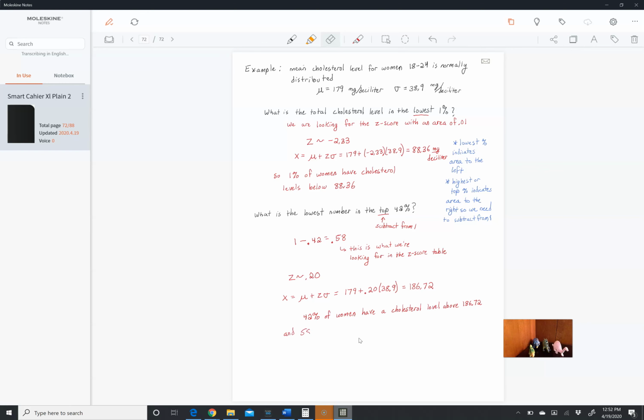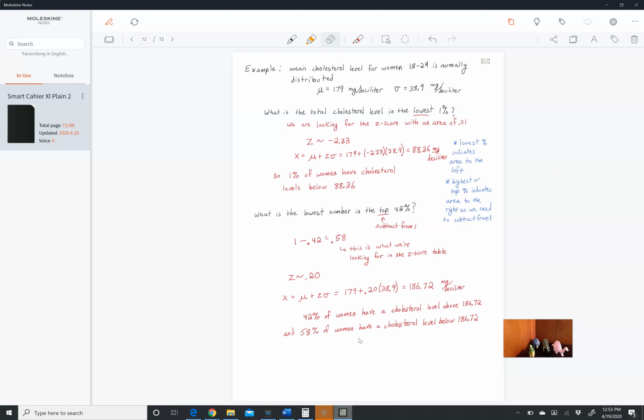It's just saying the opposite thing. And again, this is milligrams per deciliter.